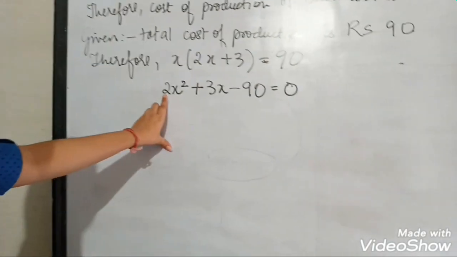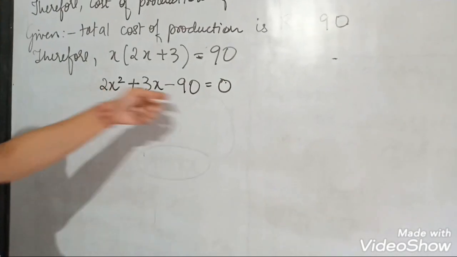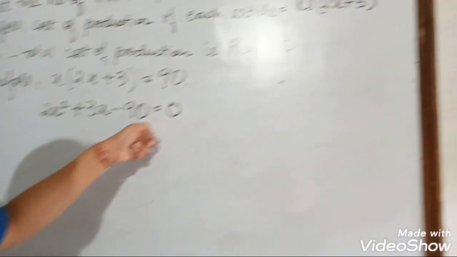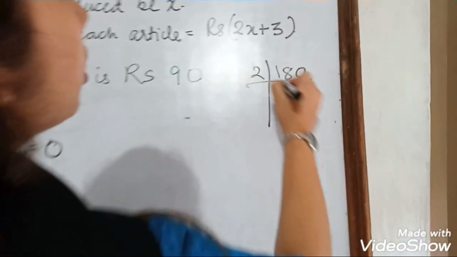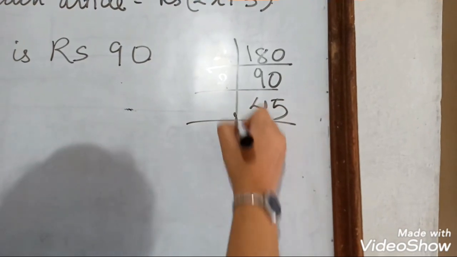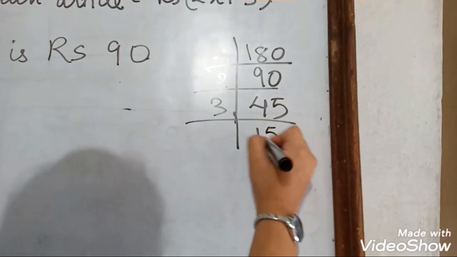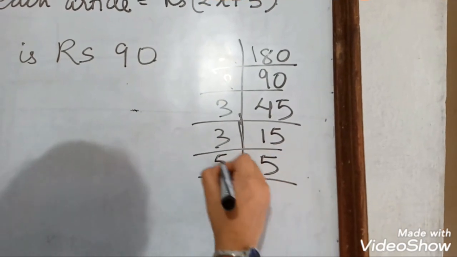So over here we have 2x squared and the constant is 90. So 2 multiplied by 90 will give me 180. So this goes as 2 90s are 180, 2 45s are 90, 3 15s are 45, 3 5s are 15, 5 1s are 5.